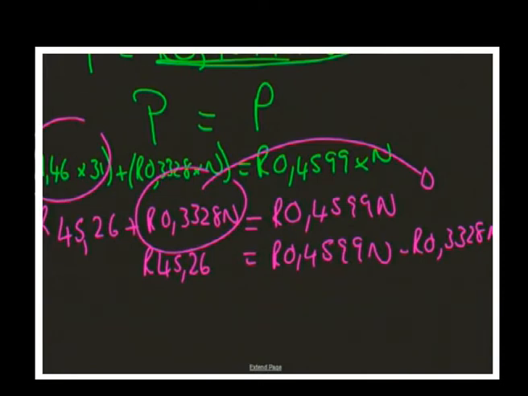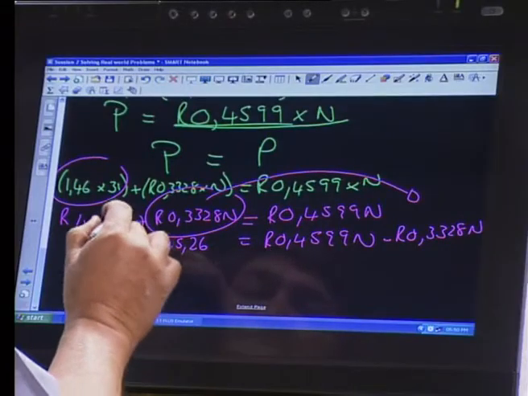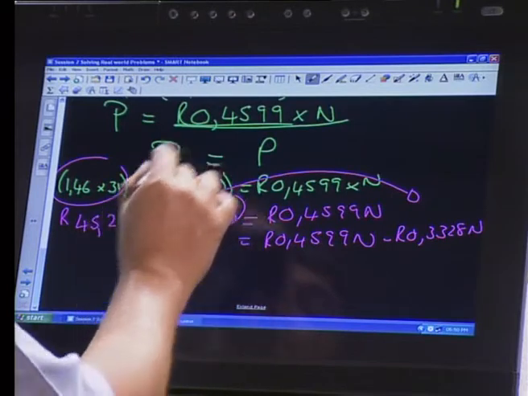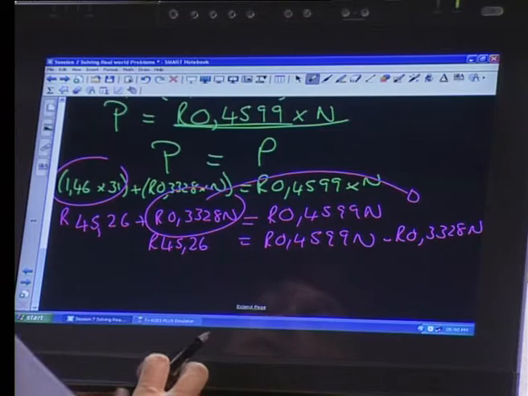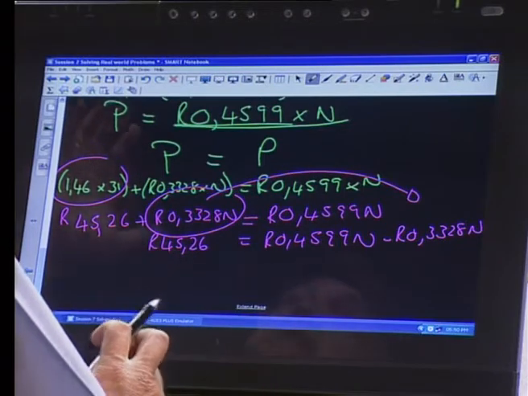Now, do you notice that it was plus 0.3328n? When it went across that side, it became minus. Okay, and I have a little story that helps you remember this. Okay, what we do with the signs when we cross the equal sign. I always tell my guys this, and they love the story, and it always helps them remember.